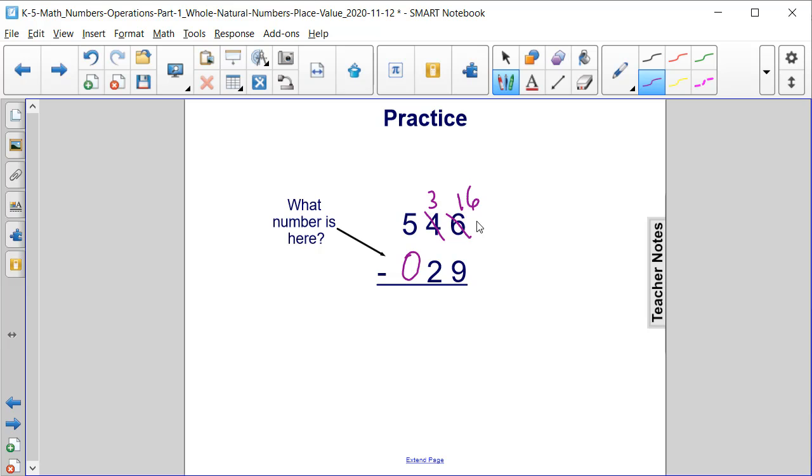And now we can do the subtraction. 16 minus 9 is 7, and 3 minus 2 is 1, and then 5 minus 0 is 5. So 546 minus 29 is 517.